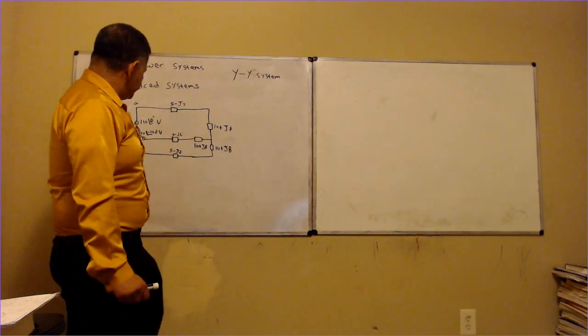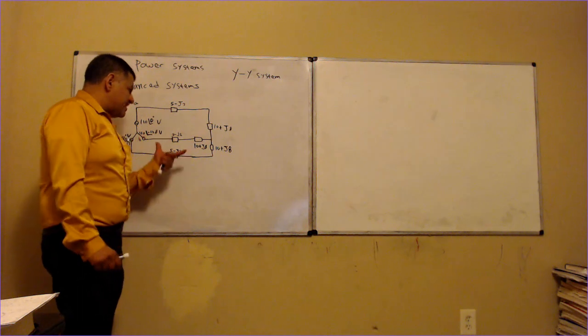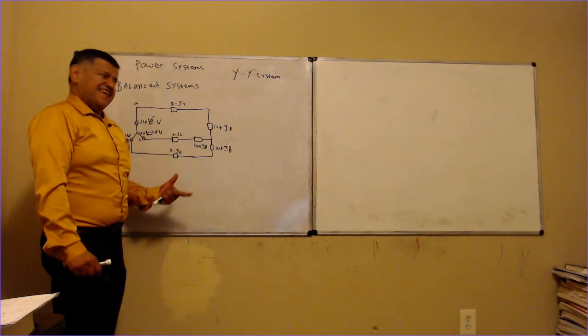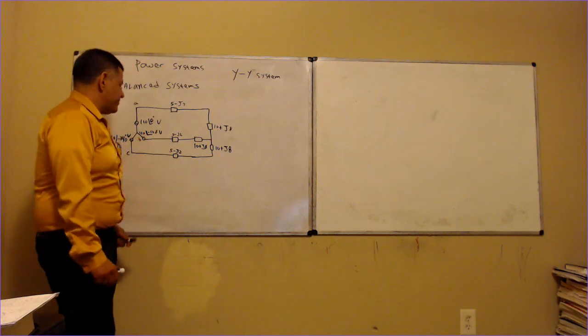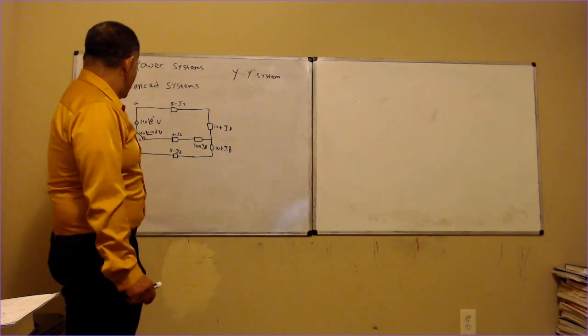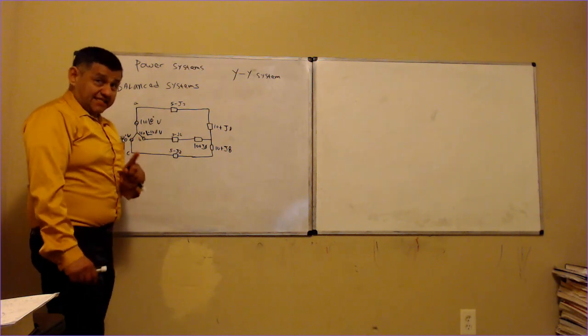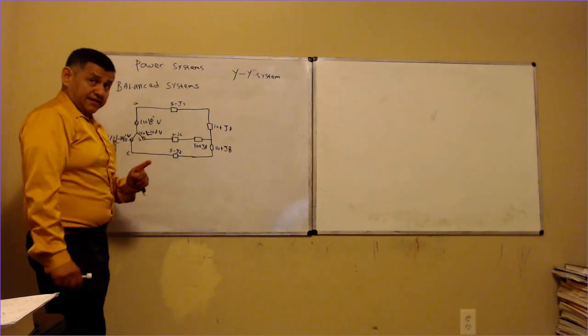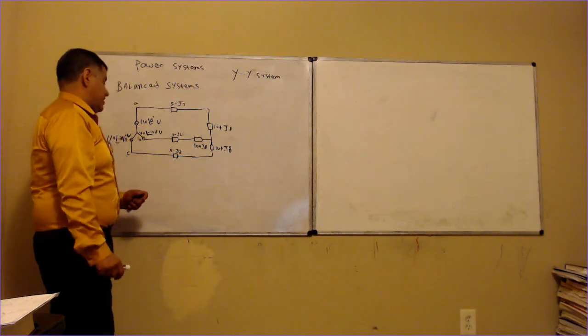So now we will prove that the current in this system is the same. So therefore, the system will be balanced, right? So how do we do that? Well, if the current is the same, then the system will be balanced, right? So let's do this.